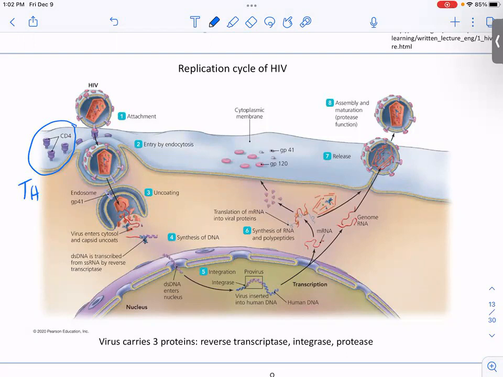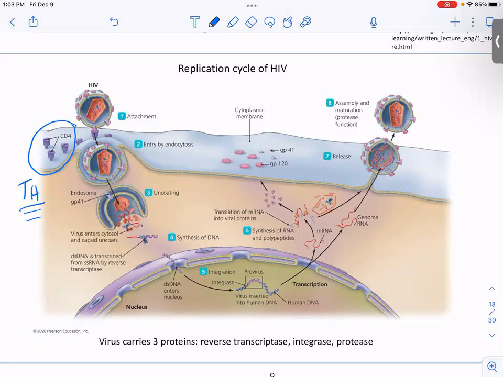What are some other ones? B cells, even some granulocytes. And we don't really talk about that very much. HIV, even though it infects those other types of cells, doesn't seem to damage them very much. So it's the T helper cells that really get decimated with this infection. So that's the ones that we talk about.